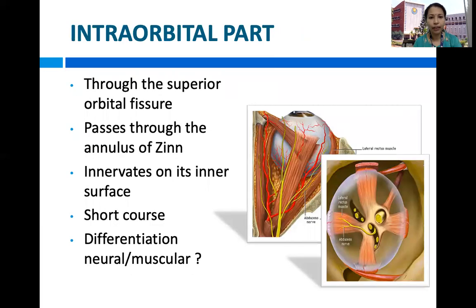So from the intracavernous part, the sixth cranial nerve passes through the superior orbital fissure and passes through the annulus of Zinn to enter the orbit, where it innervates the lateral rectus on its inner surface. And here it has a short course, and certain causes which can affect the nerve or the muscle give rise to lateral rectus paralysis in the intraorbital part.